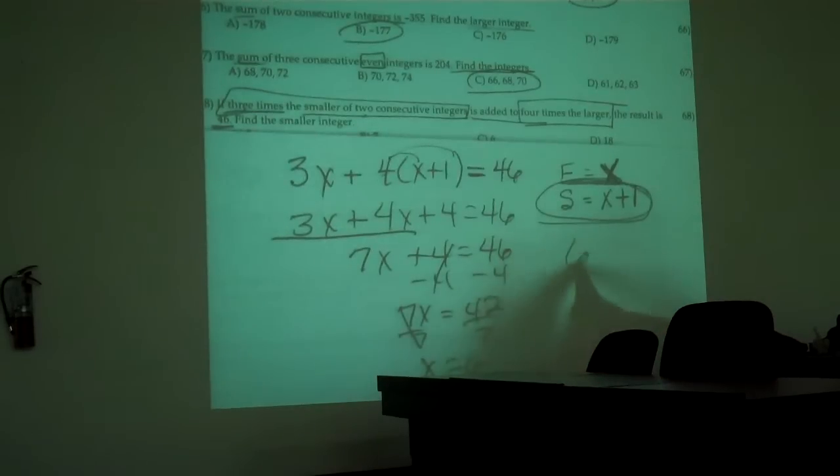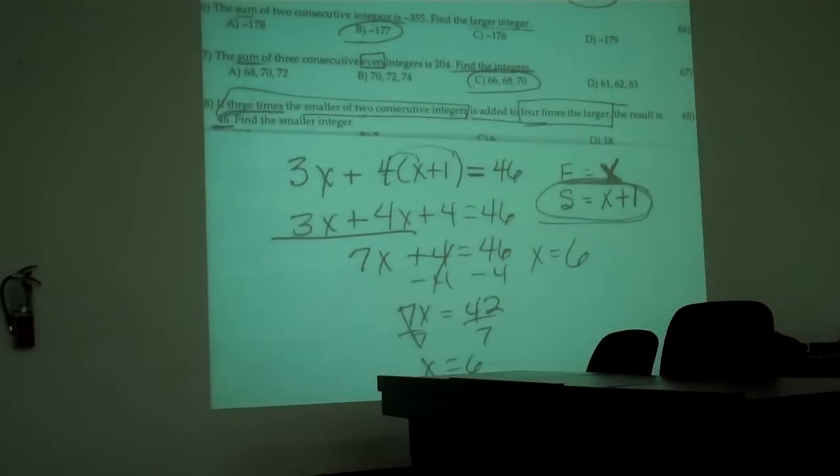So the smaller one is 6. x is 6. And you probably won't have one that hard, but if you do, you'll know how to do it, right? Or you'll have an idea of how to do it.